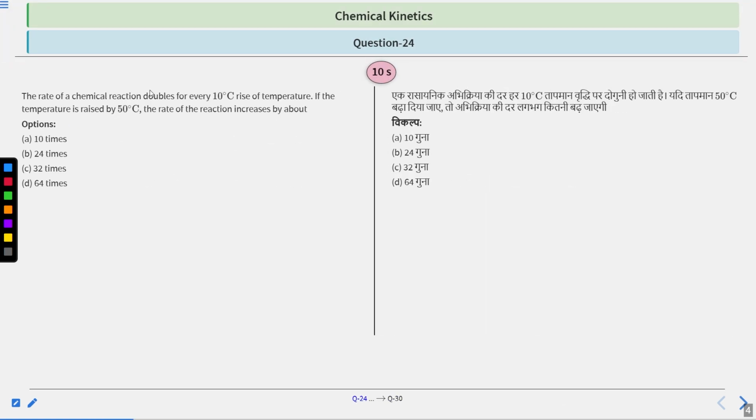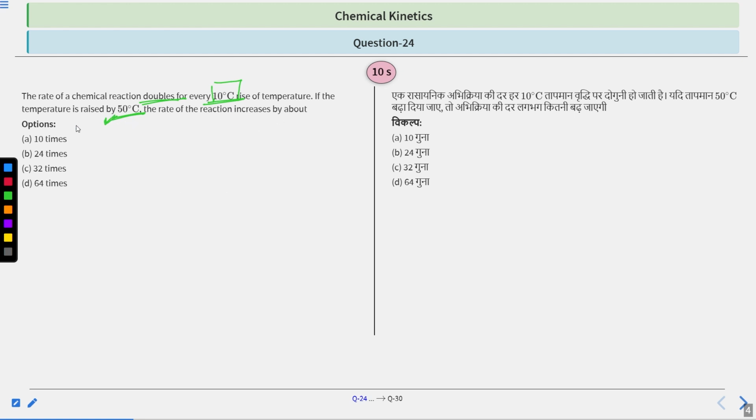The rate of a chemical reaction doubles for every 10 degrees Celsius rise of temperature. If the temperature is raised by 50 degrees Celsius, the rate of reaction increases by about how much?